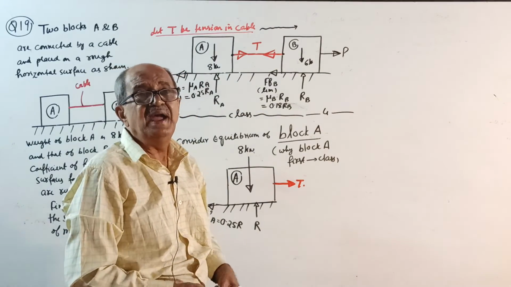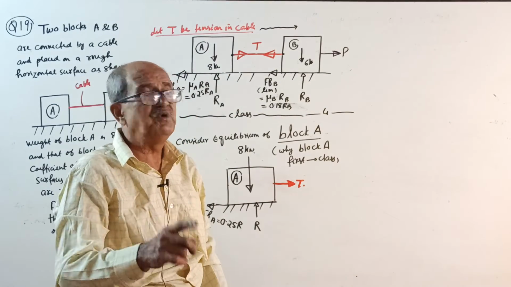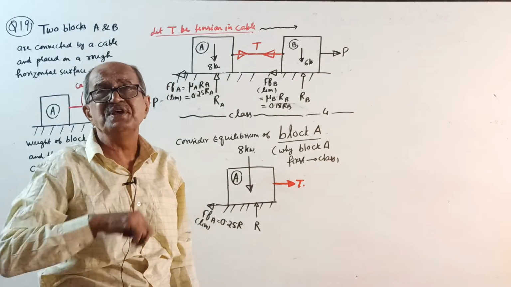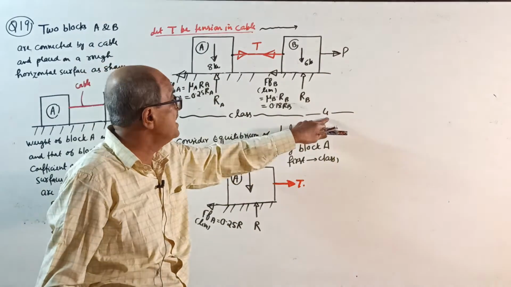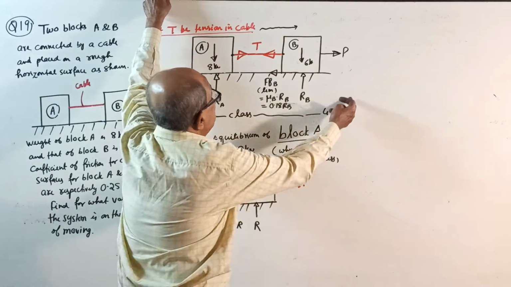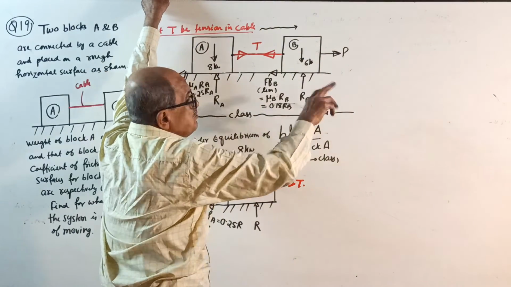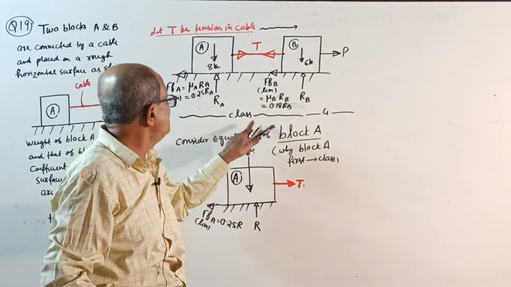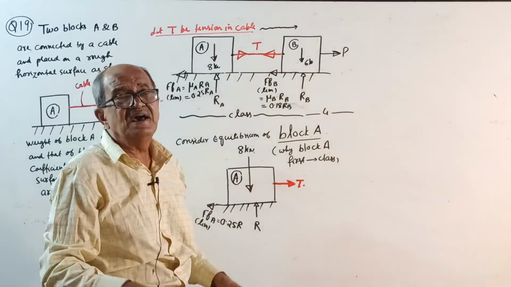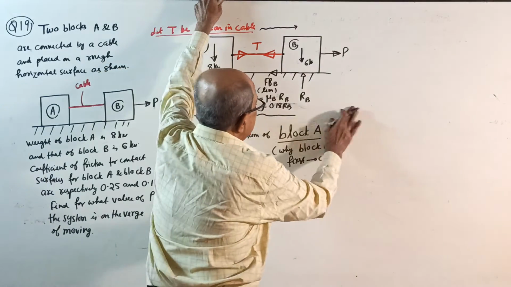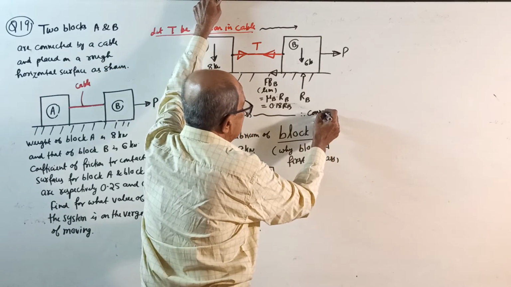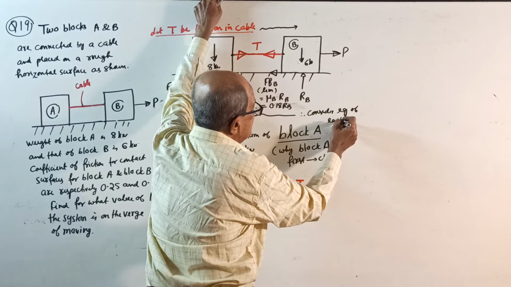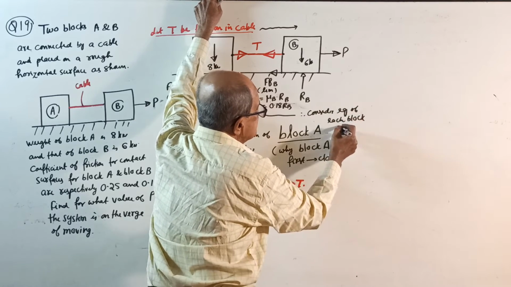If you apply sigma Fx equals 0 and sigma Fy equals 0 for the entire system, you get only 2 equations, but 4 unknowns are there. So you cannot solve it. What you do is consider each block separately. Therefore, consider the equilibrium of each block separately.